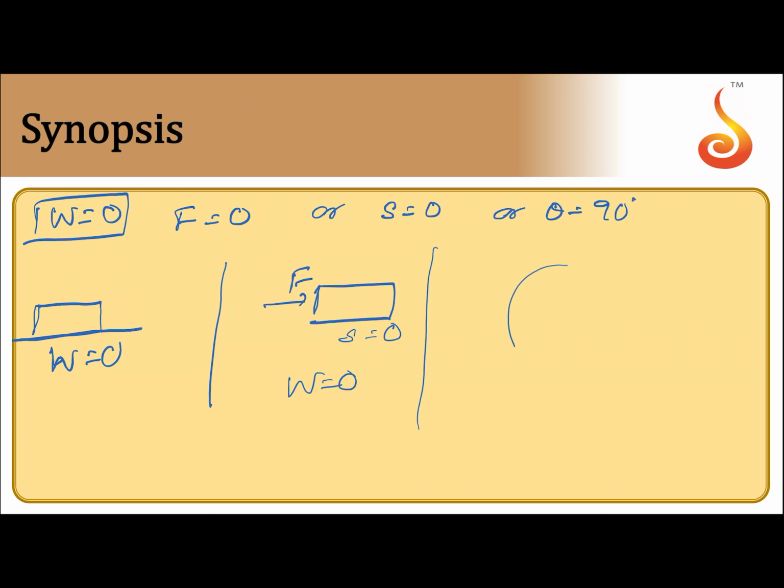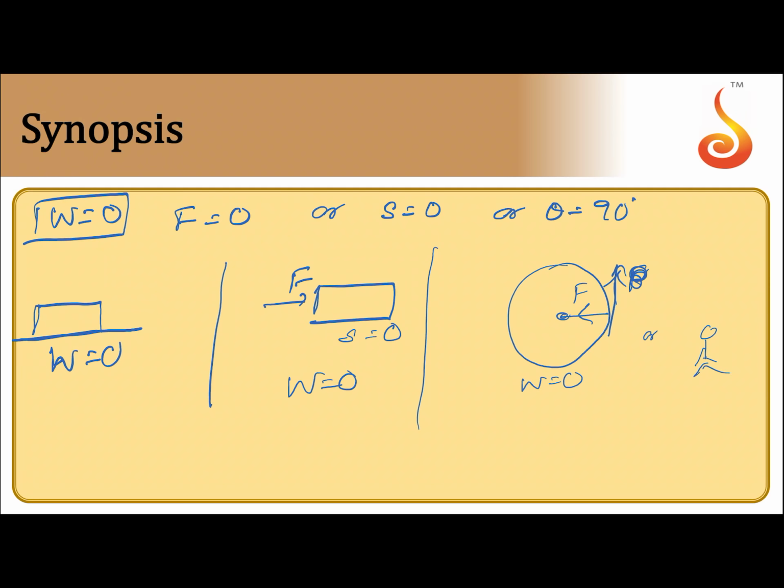Or consider the case of uniform circular motion. The force, the centripetal force, is acting along this direction, and the instantaneous displacement is perpendicular to it. So clearly work done in this case is 0. You can also consider one more case.